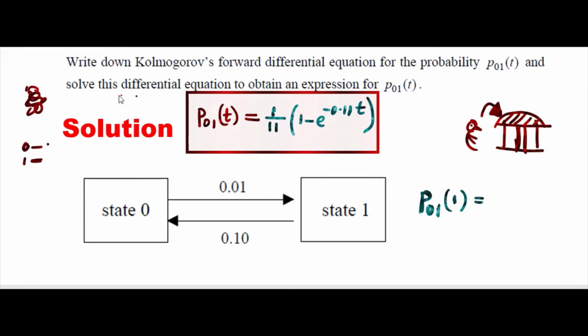But considering that the person is working in the company now, what is the probability that in 1 year he will leave the company? Leave means going from 0 to 1 in 1 year. Just put 1 here. You can use a calculator, e to the power minus 0.11, subtract this value from 1, then divide it by 11. That probability you will get. Suppose it's very high, I don't know, suppose it's 0.89.